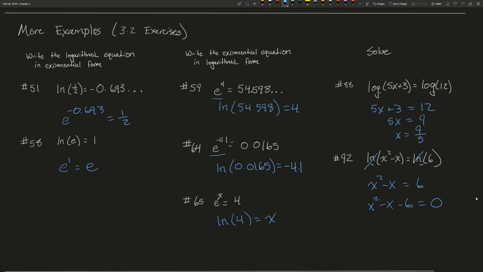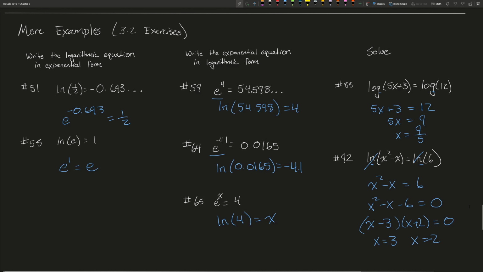And then we can use the quadratic formula. We can solve by factoring. We can use our calculator. I know that x squared minus x minus 6 can factor into x minus 3 times x plus 2. And if we set both of those factors equal to 0, we get x is equal to 3 and x is equal to negative 2. And this 2 should be plus, so this should be minus.